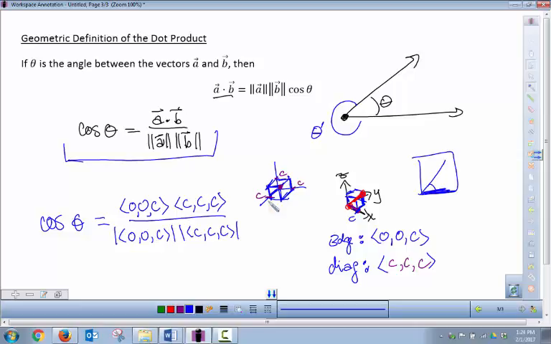Now, if you're in R, just the real numbers, follow through the same thought process of a magnitude. The magnitude in one dimension would be the distance between the origin and that point.